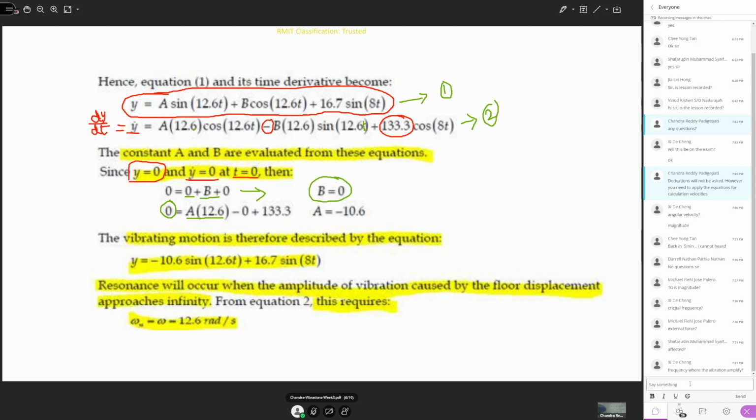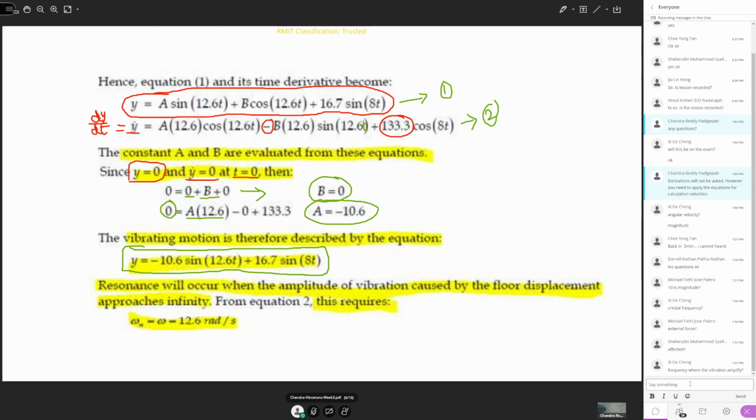When t is 0, this becomes sine 0 and it will be 0. Again here cos 0 is 1, so this will be 133. Once you solve this expression, you will get a equal to negative 10.6. Now you substitute back the a and b values in equation 1.